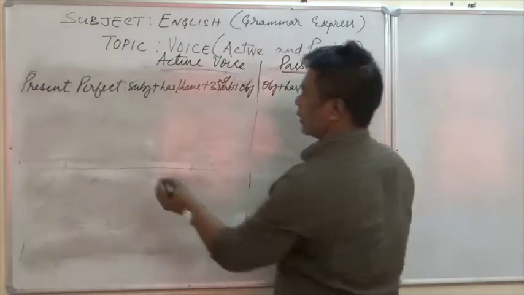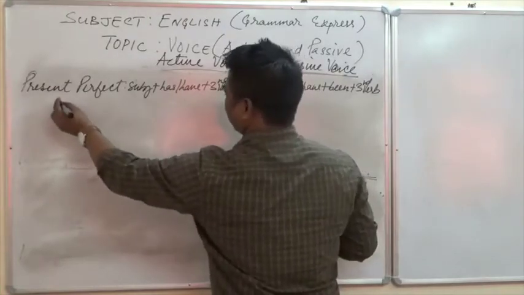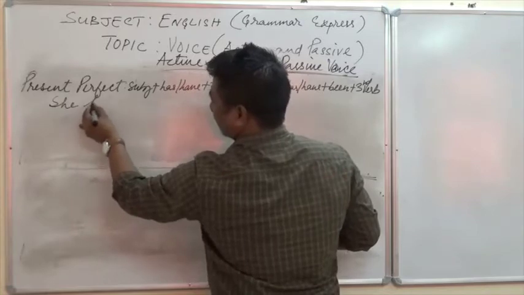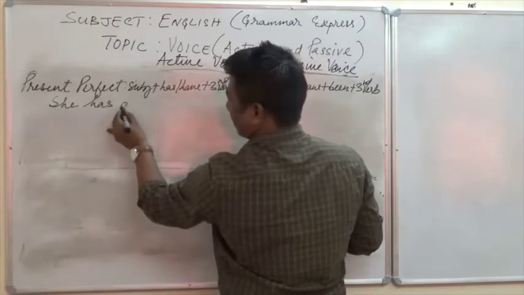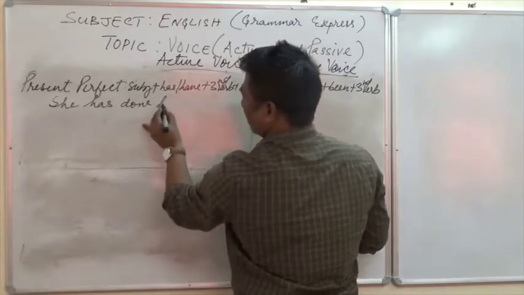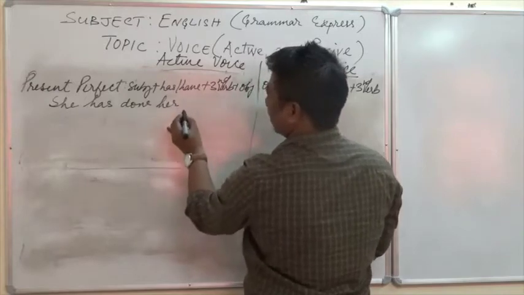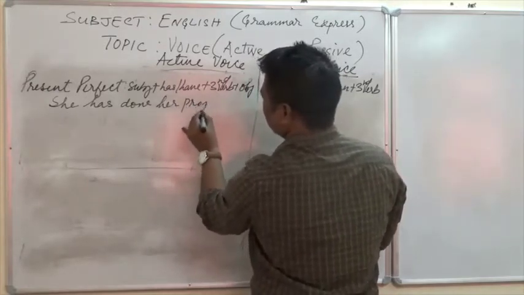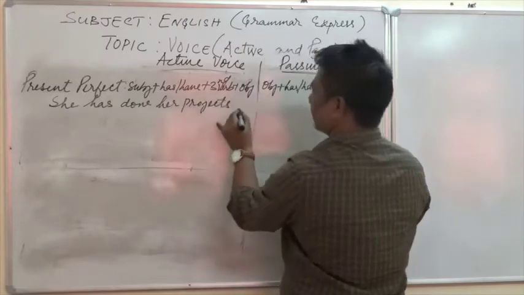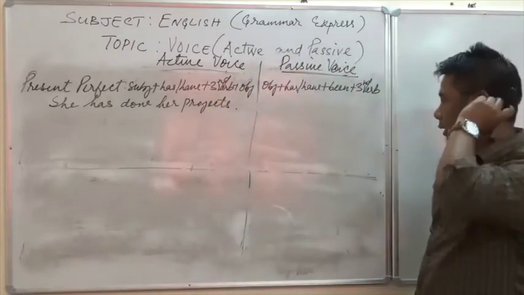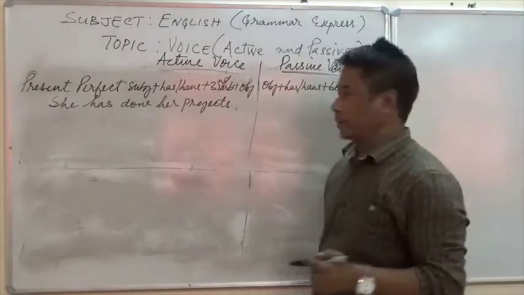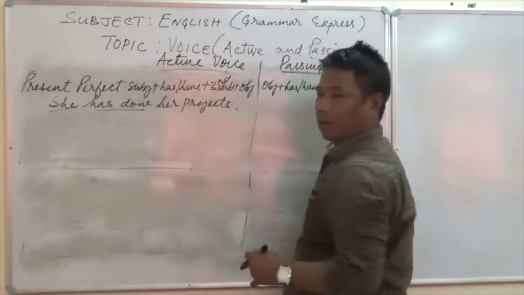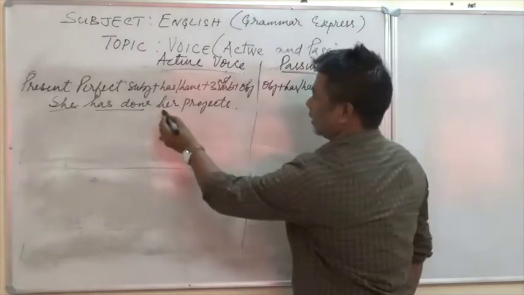Here is an example sentence. She has done her projects. She has done her projects. The subject is she, the verb is has done, the object is her projects.